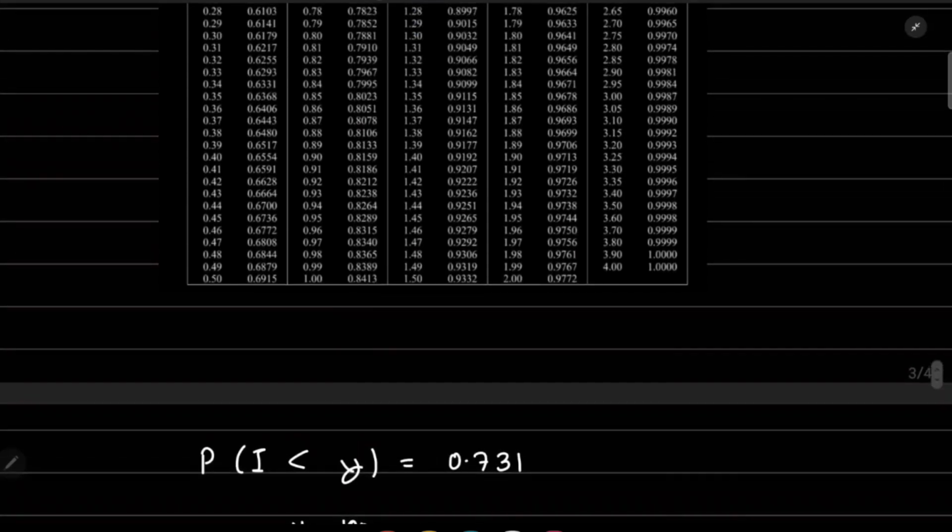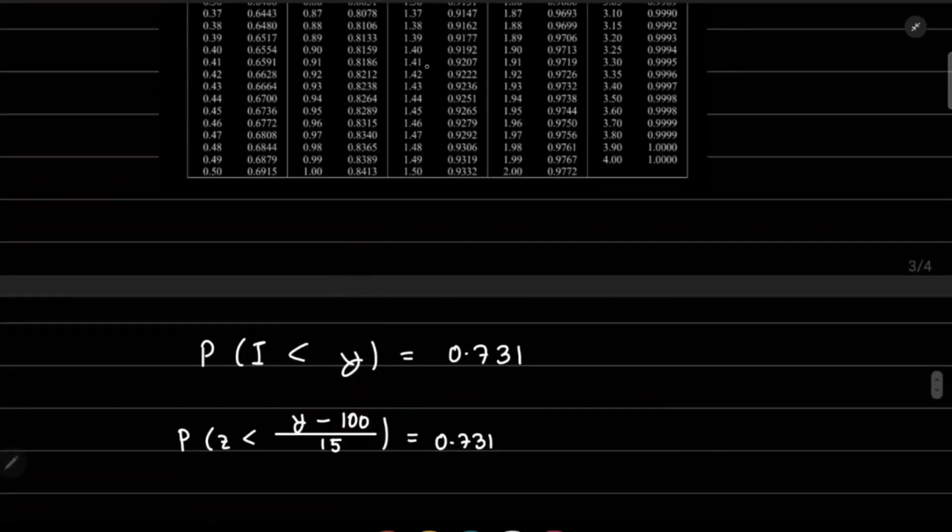So as usual, I have to change I into z. I get z less than, y is the I value now, so y minus 100 divided by 15, which is 0.731. Now we know the probability, but we do not know the value of z. So we can use the table.